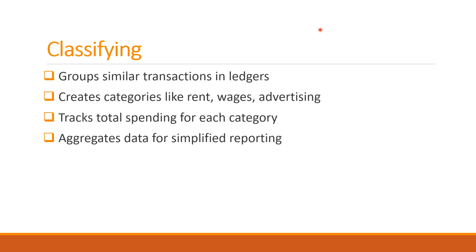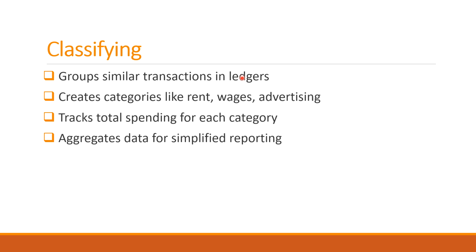This process helps ensure that similar financial transactions are stored together in one place, providing a clearer view of business financial activity. The primary tool of this classification is the ledger, a book that contains various accounts.